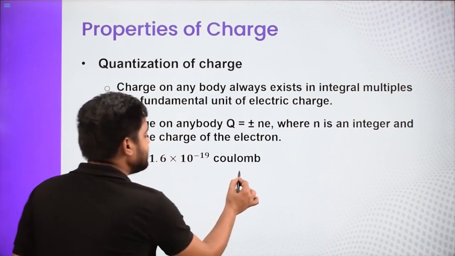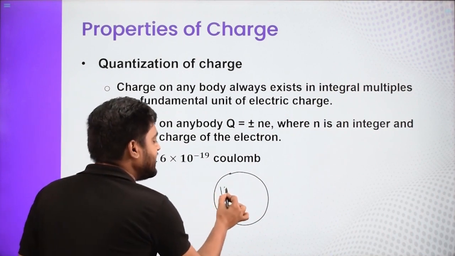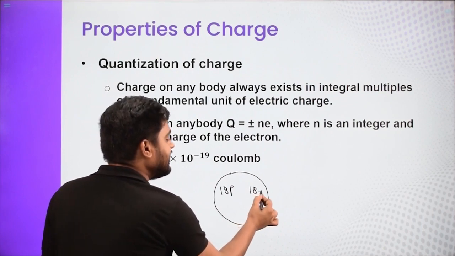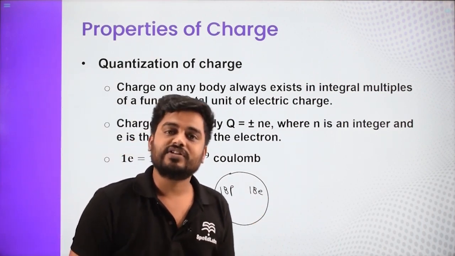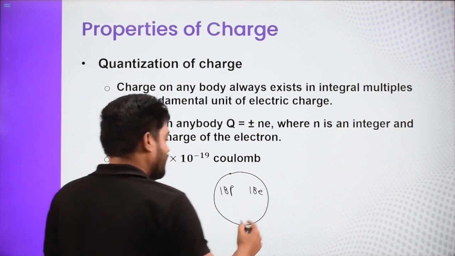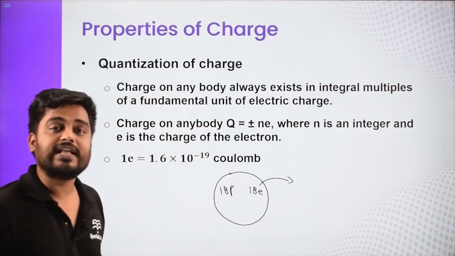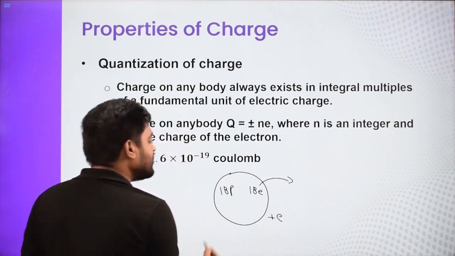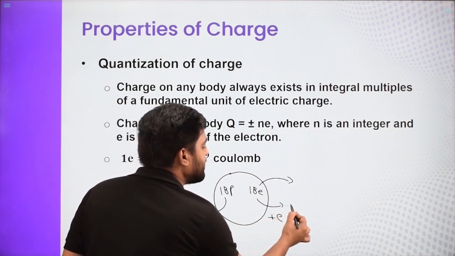Now, let us discuss this. If this is an object and suppose there are 18 protons and 18 electrons, the number of neutrons really does not matter because they are neutral in nature, so we are not going to discuss the neutrons. Now, if one electron leaves it, then there will be 18 protons and 17 electrons. The charge on each proton is plus e and the charge on each electron is minus e.